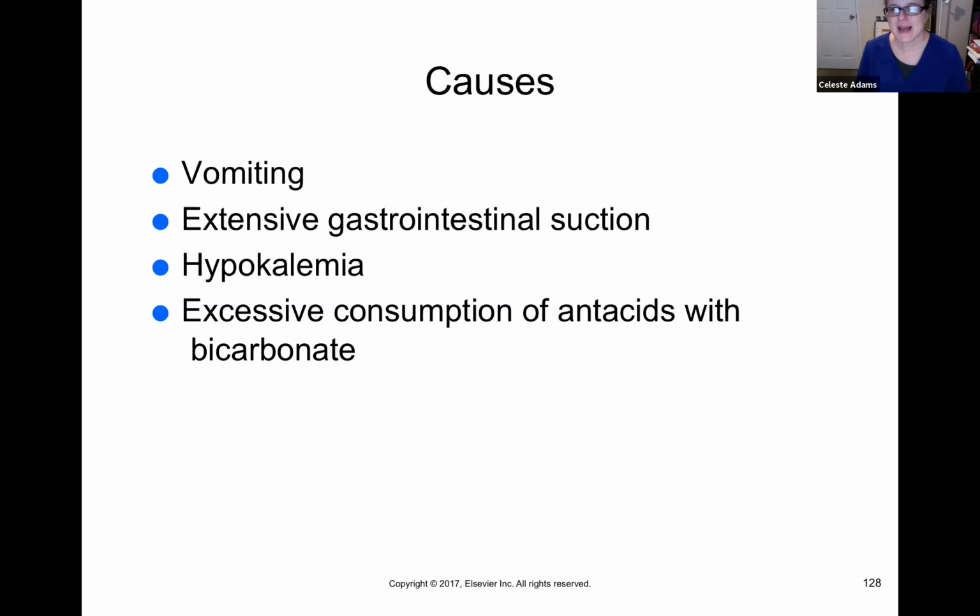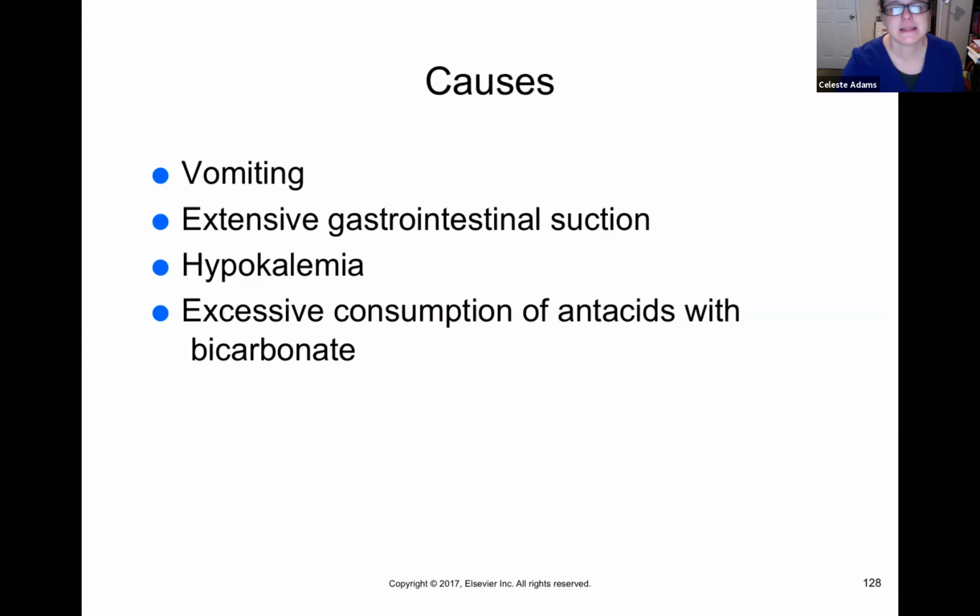When that happens, it can put the patient into a metabolic alkalosis state. Now, if the GI tract does the opposite and doesn't produce the bicarb, then what bicarb you do have will be sucked out and you'll be in metabolic acidosis.